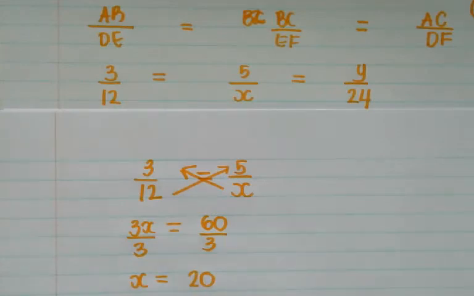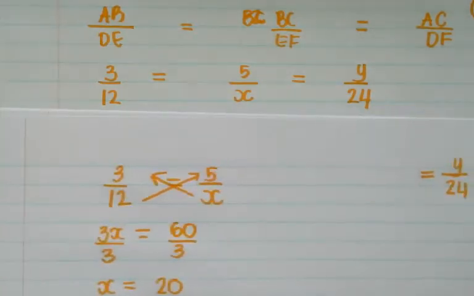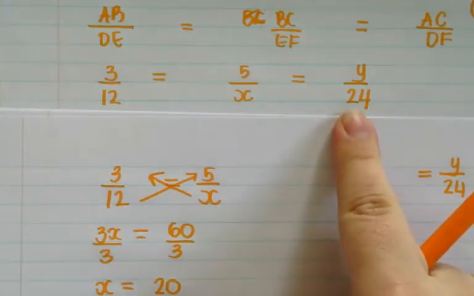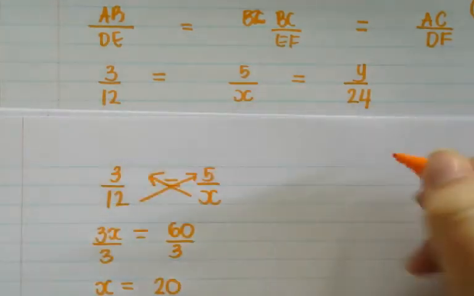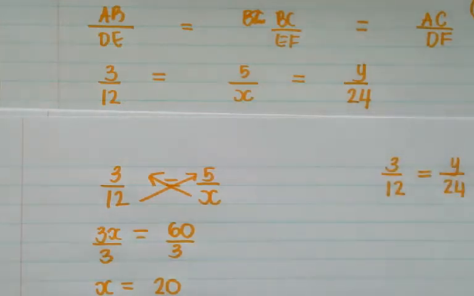Do you think you'll manage to do y by yourself? Do y for me and then we'll check it. I'll help you start. I want to solve for y. I'm going to start by using the one that does not have the missing number. Yes, you can. What did you want to do, Dylan? I look at 12 and ask how much is 3 times 12? 3 divided by 12?